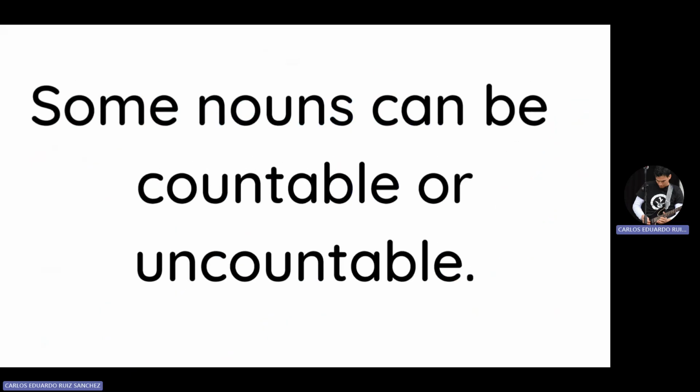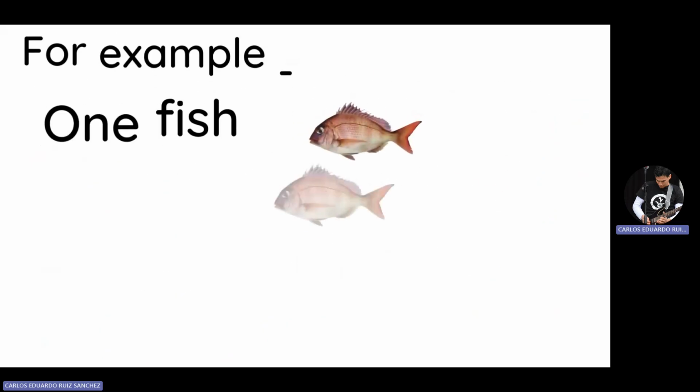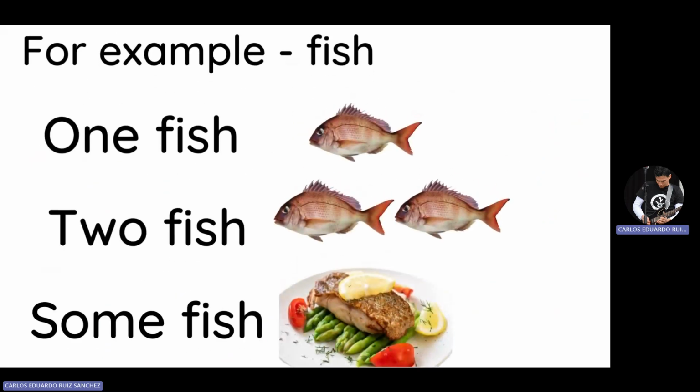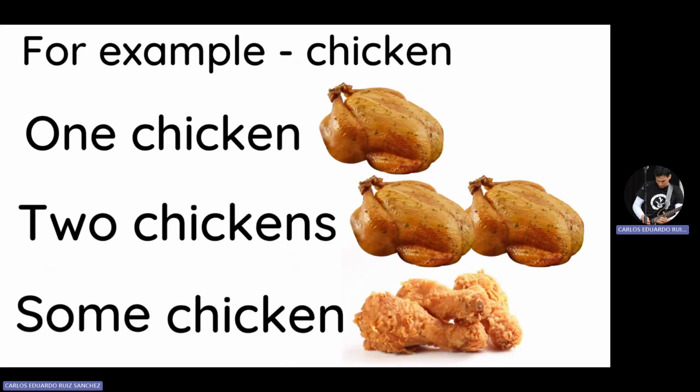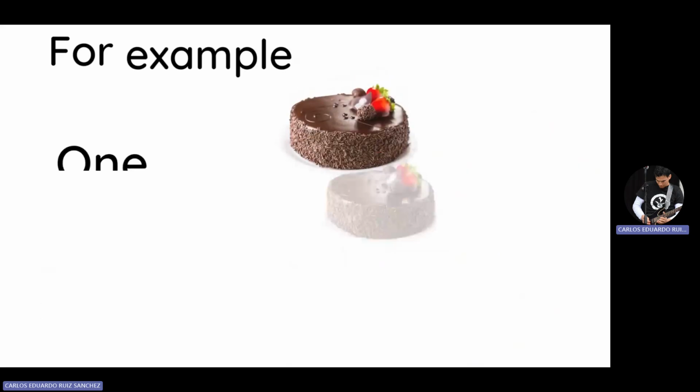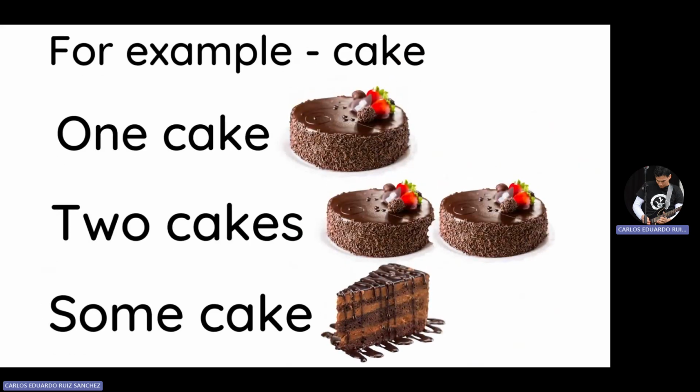Some nouns can be countable or uncountable. For example, fish. One fish, two fish, some fish. Chicken. One chicken, two chickens, some chicken. Cake. One cake, two cakes, some cake.